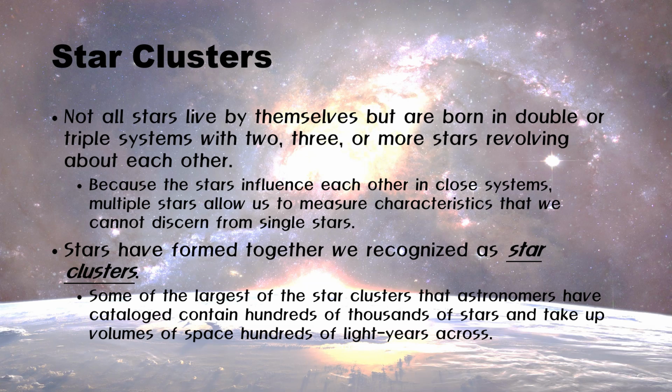And a lot of times they are in large clusters, and when they form together like this, we recognize them as star clusters. Some of the largest of these star clusters that astronomers have cataloged contain hundreds of thousands of stars, and they take up volumes of space hundreds of light years across.